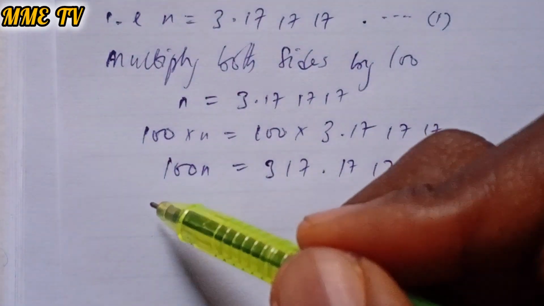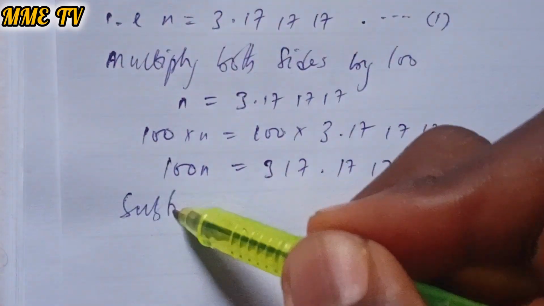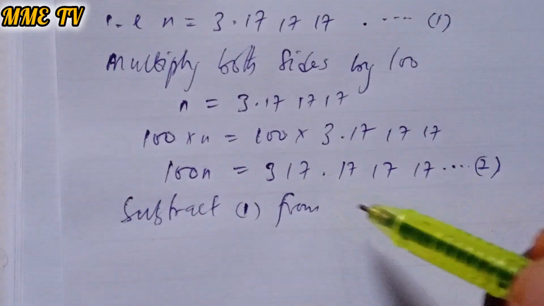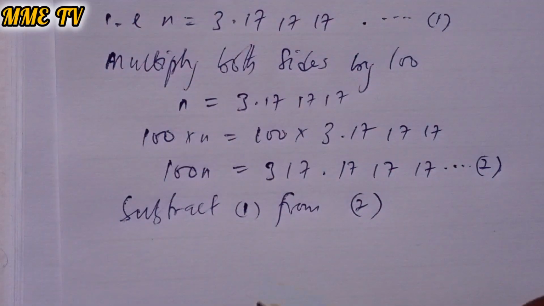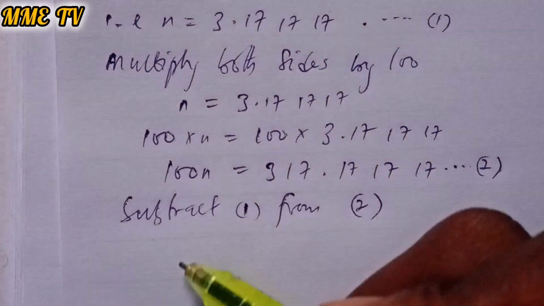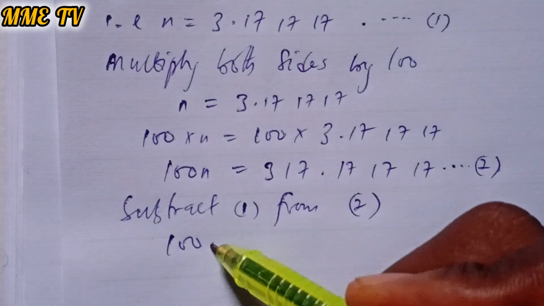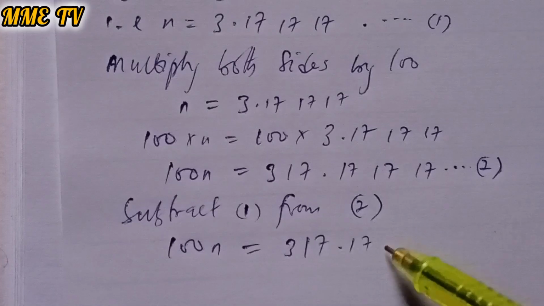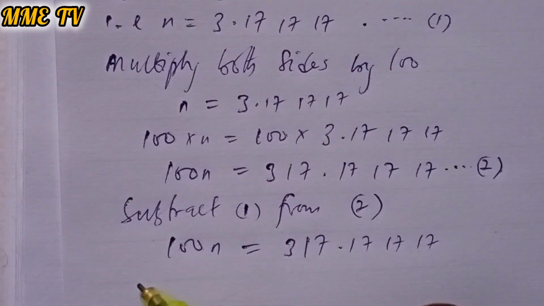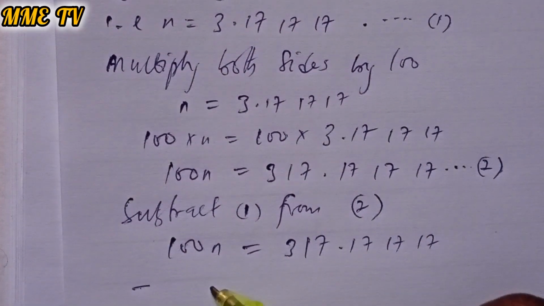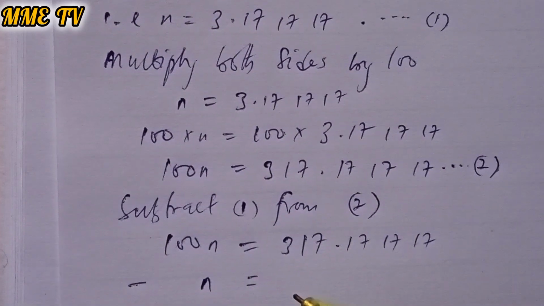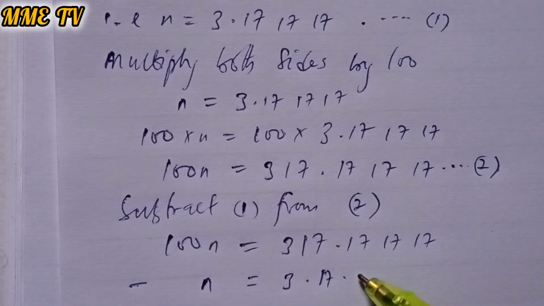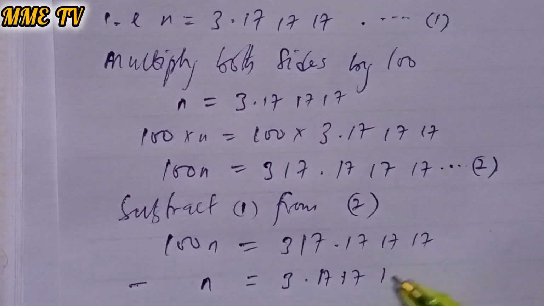So I can now say that I'm going to subtract equation 1 from equation 2, which means that when I do that subtraction, I'll be having 100n equal to 317.171717 minus n is equal to minus 3.171717.